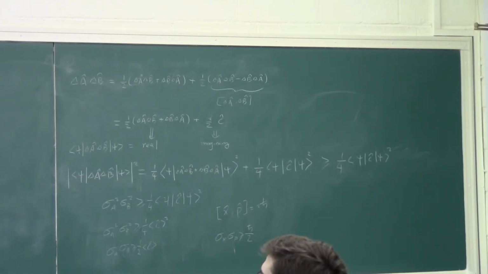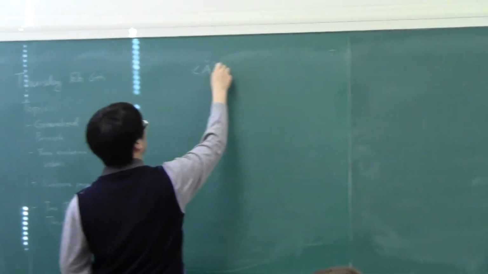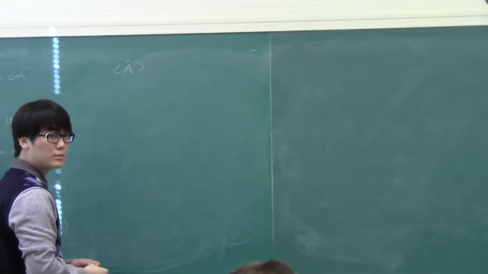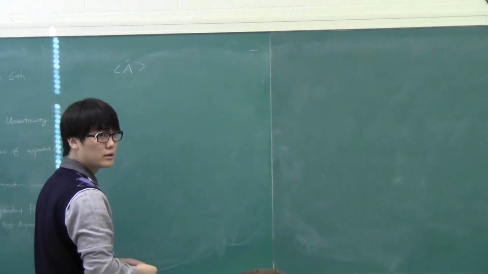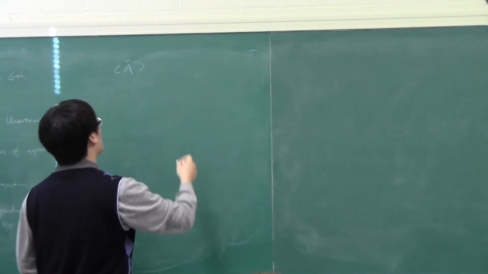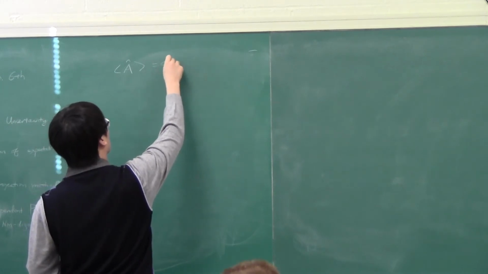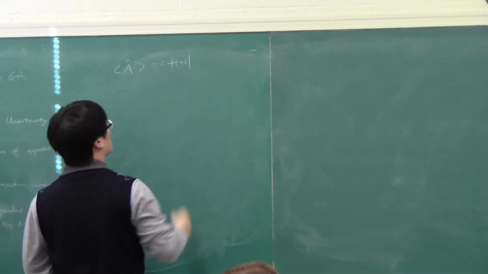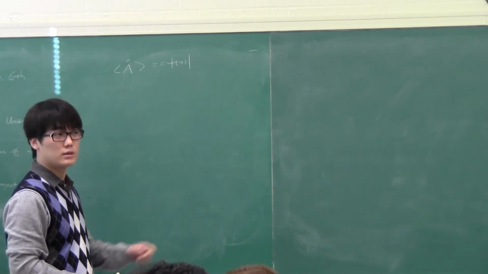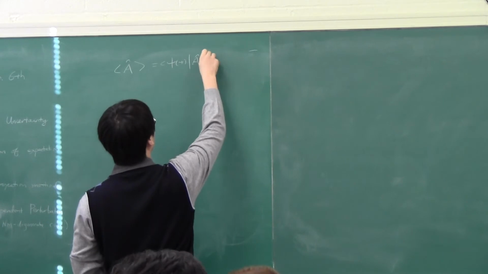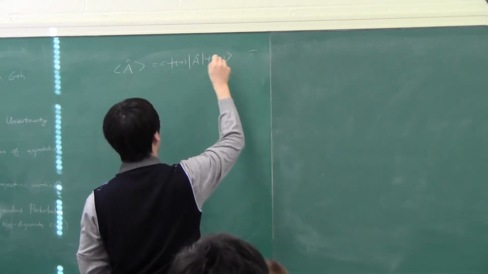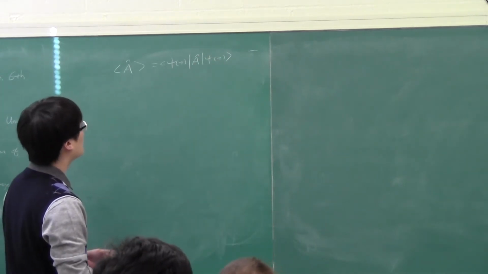So now we'll study the time evolution of expectation values. We said that the expectation value of an operator can be defined with respect to an arbitrary state. Now if we consider a state that is time dependent, then its time evolution would be time dependent as well, and I'll denote the time-dependent state like this.